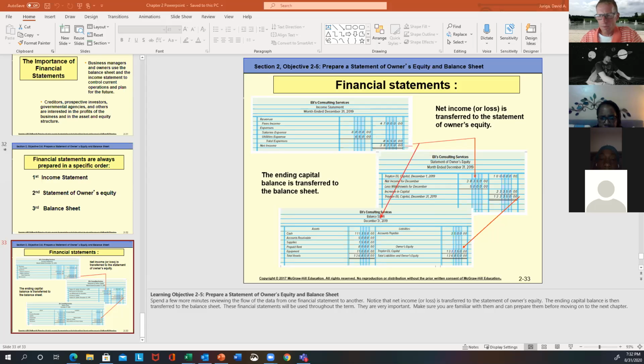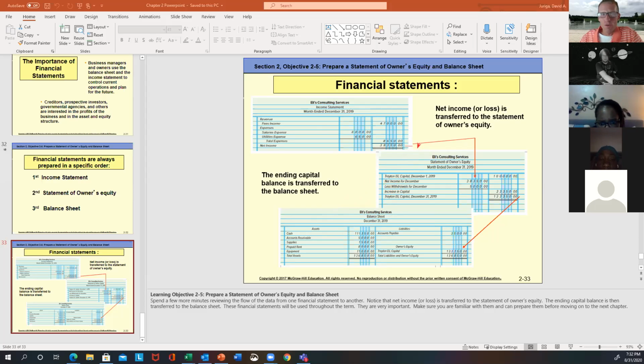That's important, because the cash balance on December 30th versus December 31st could change every day. If you go to January 1 of the next year, that cash number is going to be changing, since businesses pay everything electronically anyway. So December 31st is the one financial statement that says one point in time.